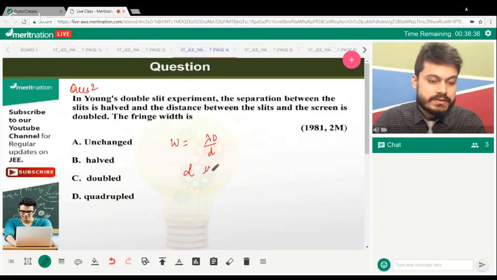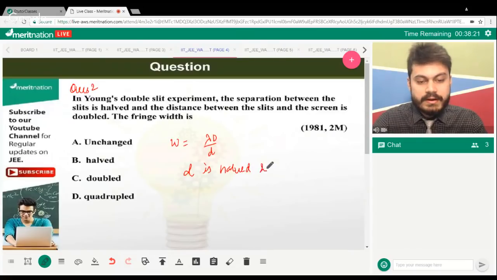So, small d is halved, and capital D is doubled.